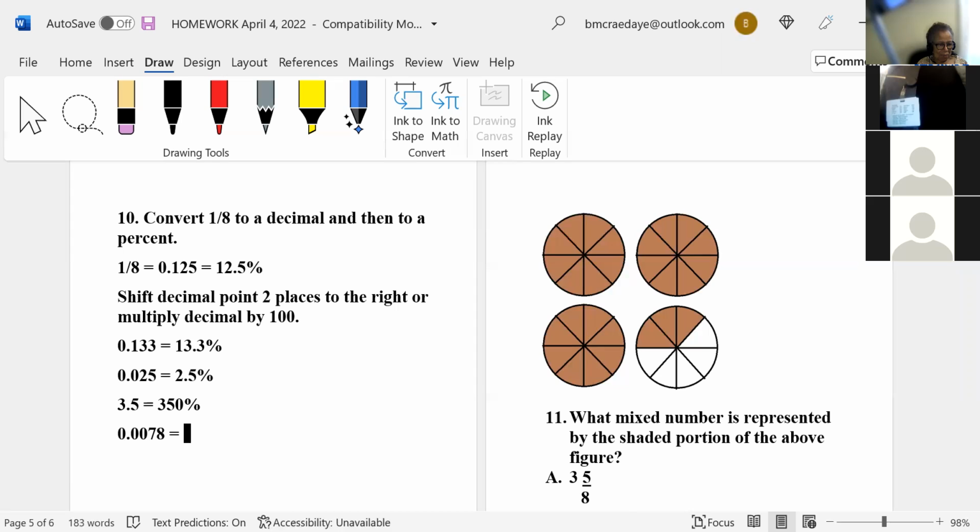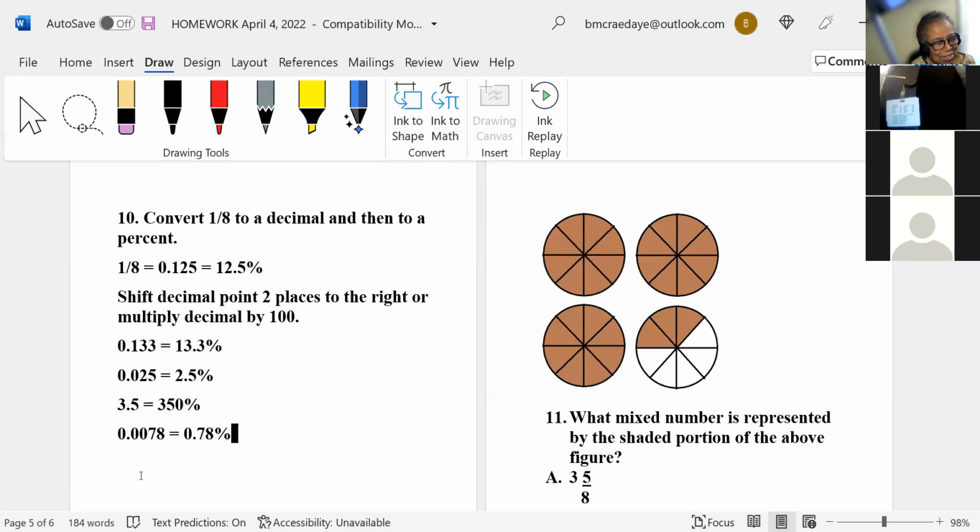If you move it 2 places, where would the decimal point be? 0.00, between the 7 and the 0. Yes, that's right. 0.78%. That's it. So percents can be less than 1, and they can be greater than 100. Because 0.78% is less than 1. You got it?